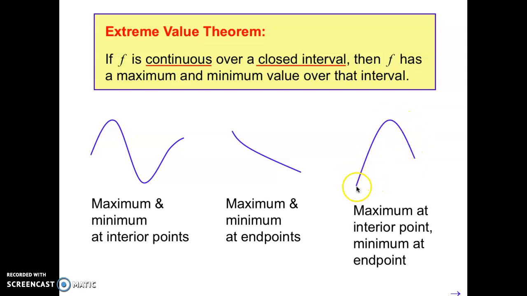And my minimum point, my absolute minimum point, occurs actually at an endpoint. And we could have all different scenarios of those different values. So the extreme value theorem simply says to us, if you have a continuous function over a closed interval, you are guaranteed to have an absolute maximum and an absolute minimum value over that interval.